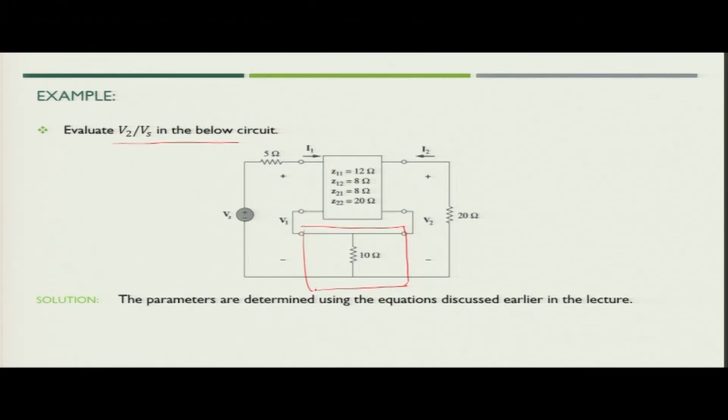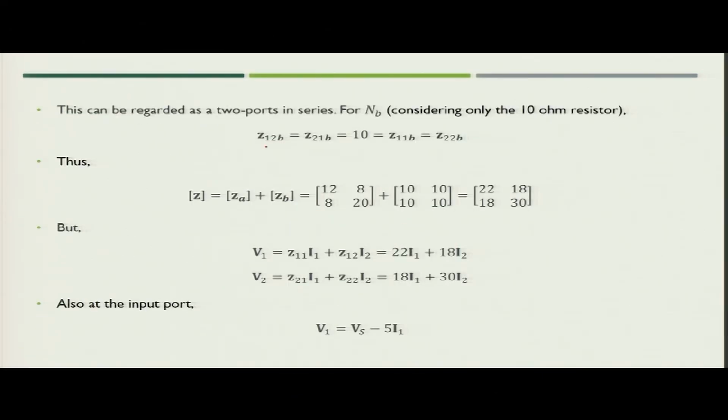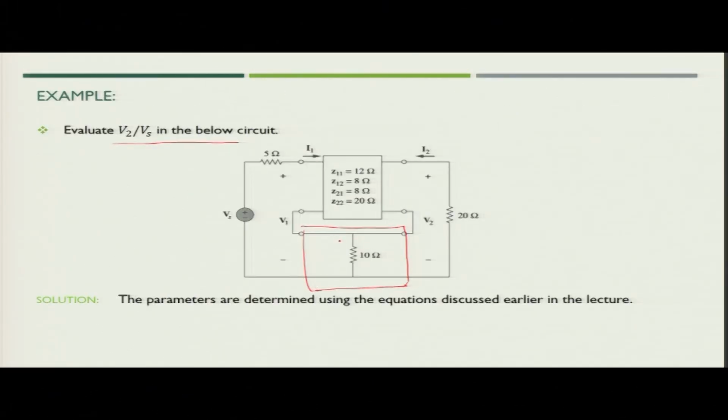Now, if you compare this particular two port network, you can say it is a form of T network. So, we can simply write the Z parameters of this type of network. Z12 and Z21 would be the center branch of the T, that is equal to 10, and Z11 and Z22 in this case would be the same, because here in the T we can assume that we have resistances of 0 ohm.